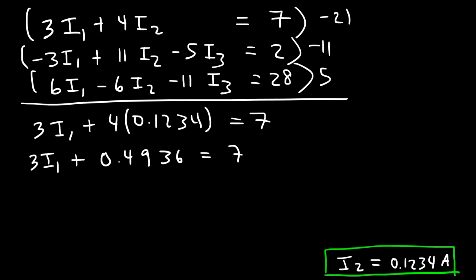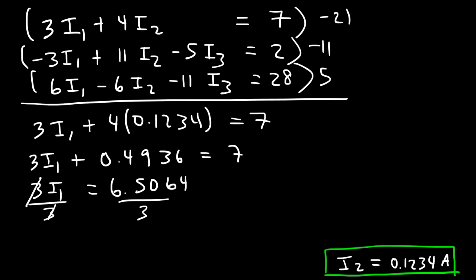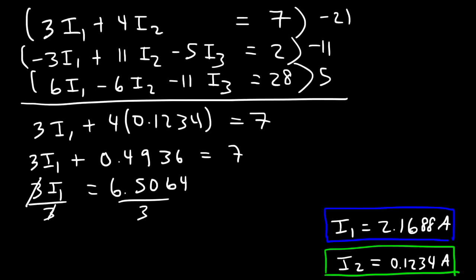So 7 minus that number, that's equal to 6.5064, and that's equal to 3I1. So to calculate I1, we need to divide it by 3. So I1 is equal to 6.5064 divided by 3, which comes out to be 2.1688 amps.